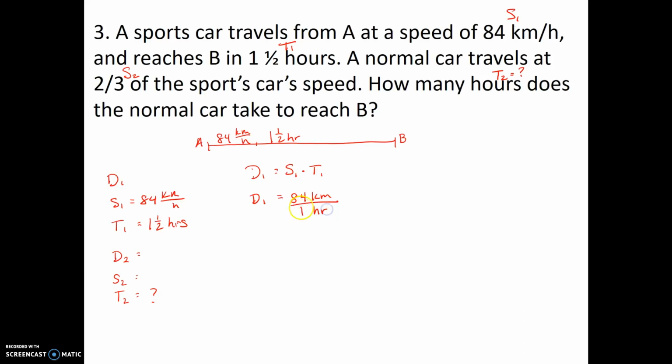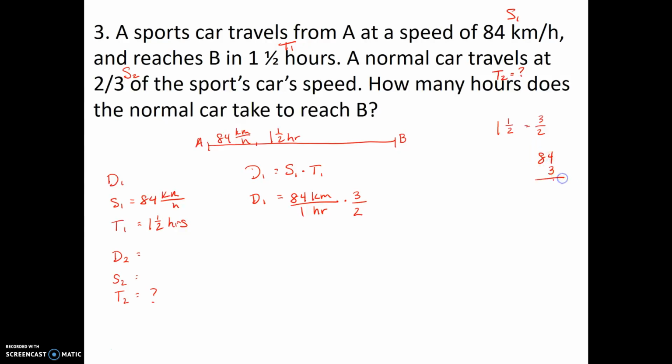And I'm actually going to set that up as a fraction because I'm going to multiply it by 1.5. And to turn 1.5 into a fraction, just multiply 2 times 1, and that gives us 2 halves, and then we add the 1, that gives us 3 halves. So we'll multiply that by 3 halves, and I'll do that math over here.